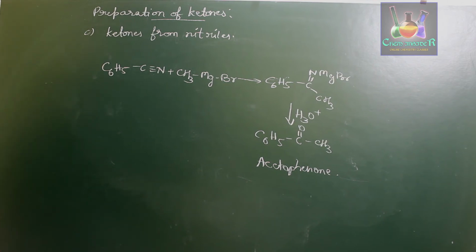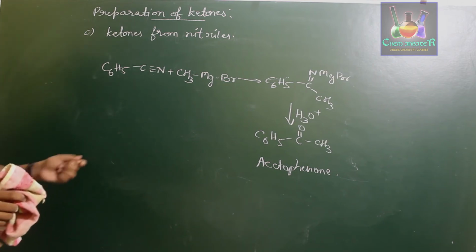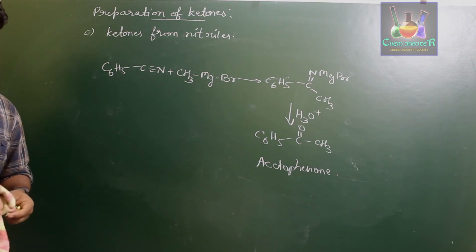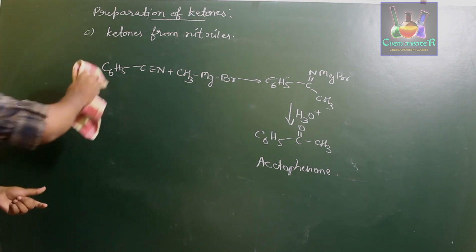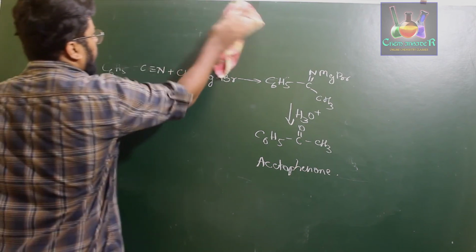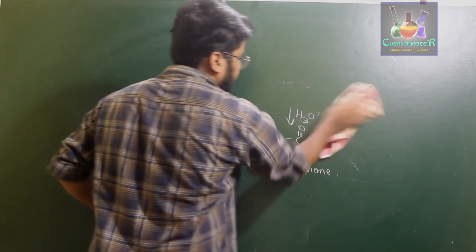So these are the preparations of ketones which we have to discuss in the syllabus of the aldehydes and ketones chapter. Next is the physical properties of aldehydes and ketones.